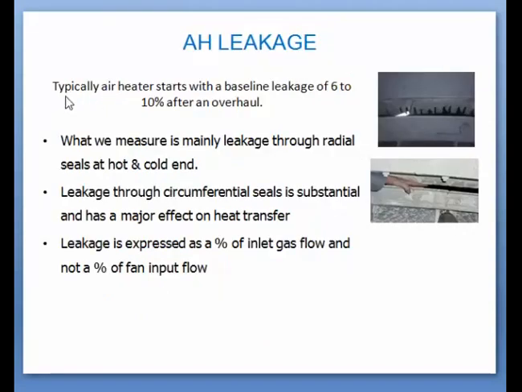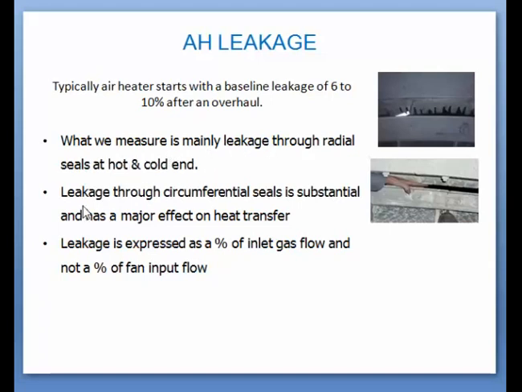Typically an air heater starts with a baseline leakage of 6 to 10% after an overhaul. So after overhauling, the leakage starts with a reference of 6 to 10%. What we are measuring is basically leakage through radial seals at hot and cold end.